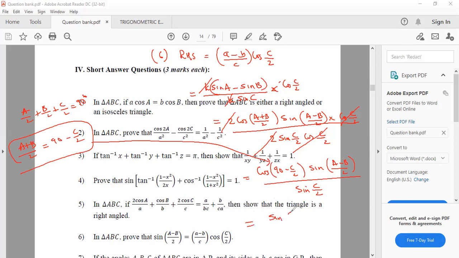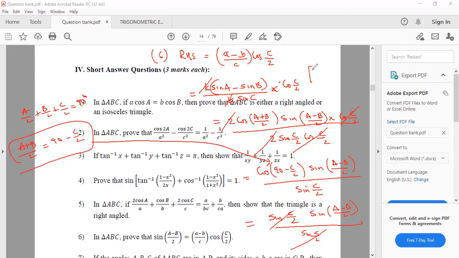Now sin C by 2 into sin A minus B by 2 upon sin C by 2. This reasoning you have to put. Don't forget to write that reasoning: A plus B by 2 is 90 minus C by 2. So here you will give what reasoning?